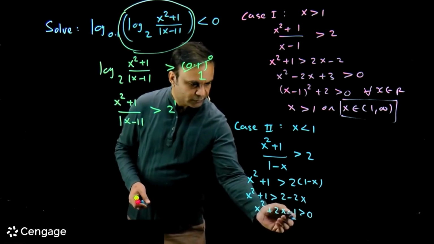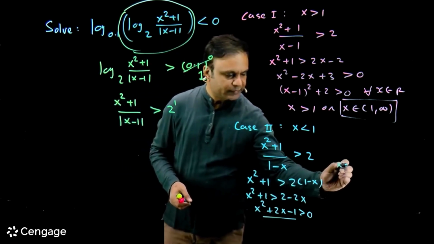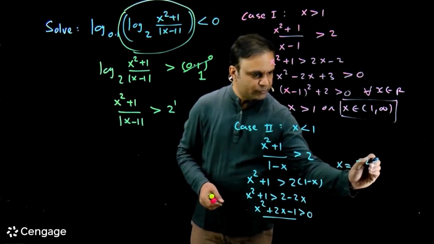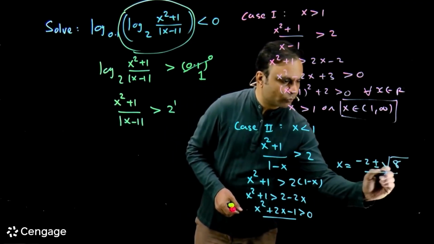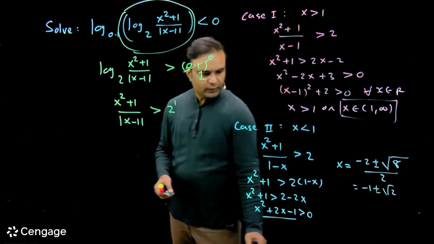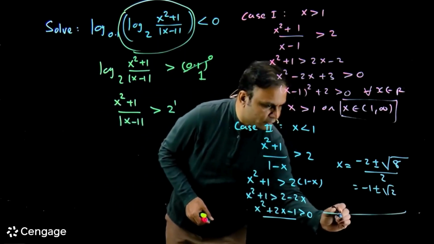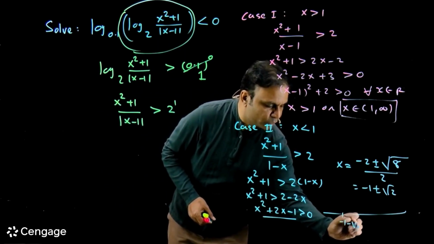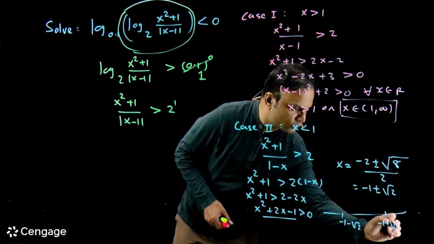Let's solve this inequality. How you solve, by the way? When I compare this expression to 0, I get x is equal to (minus 2 plus minus root of 4 plus 4) upon 2, which is equal to minus 1 plus minus root 2. So on number line, I put two values, minus 1 minus root 2 and minus 1 plus root 2.